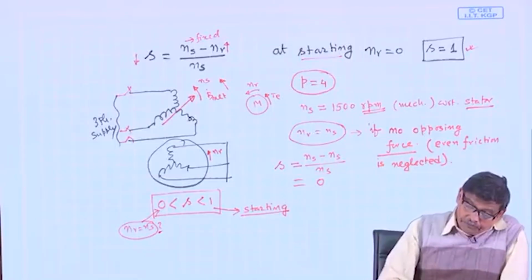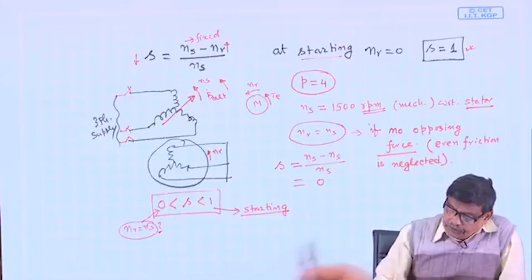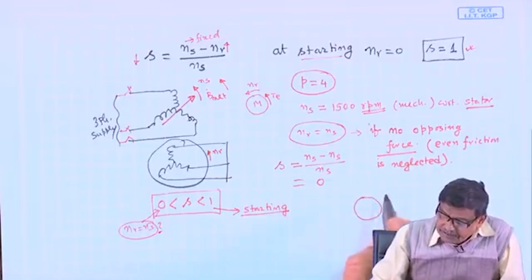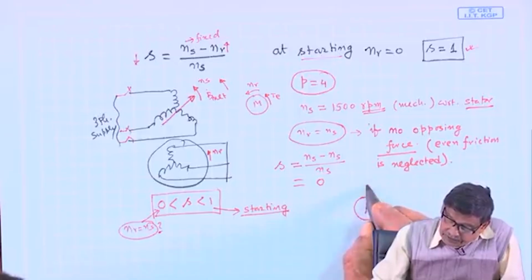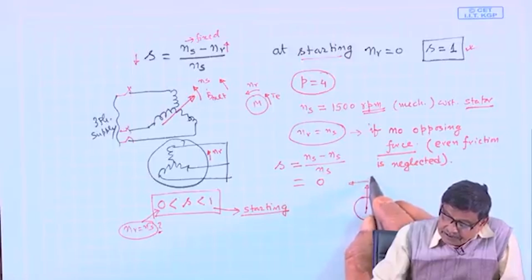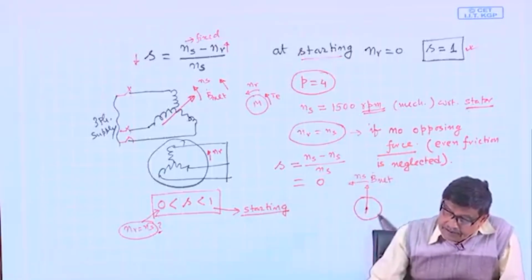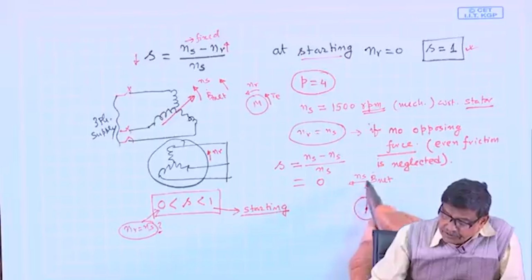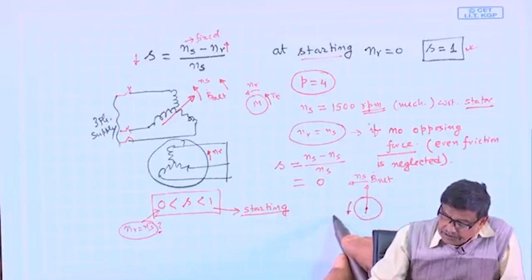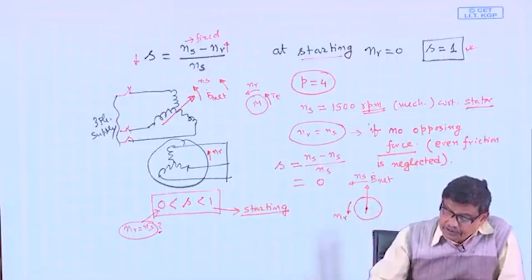Clear? Now let us be realistic. Suppose on the rotor there is friction present. So, you energize the rotor, the stator field is there, B net or stator field moving with Ns, and if this is the direction of the field, the rotor starts moving like this with Nr speed. Nr is now a function of time, it will gradually pick up speed.